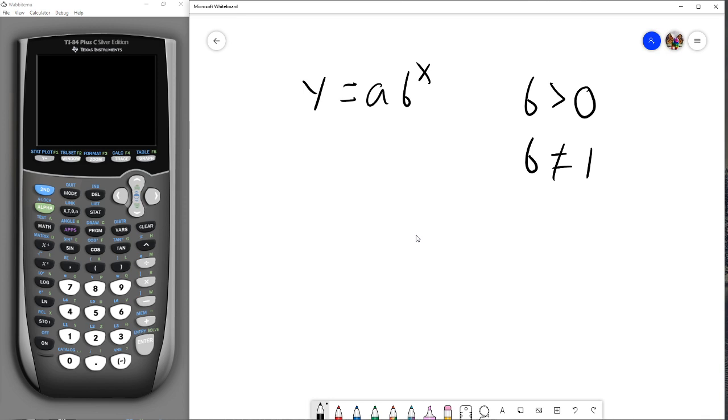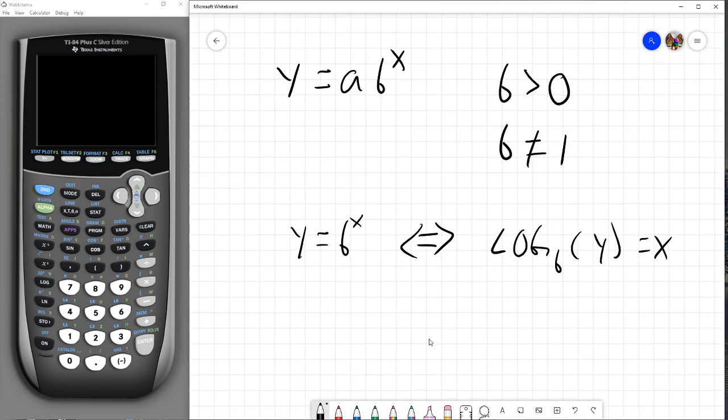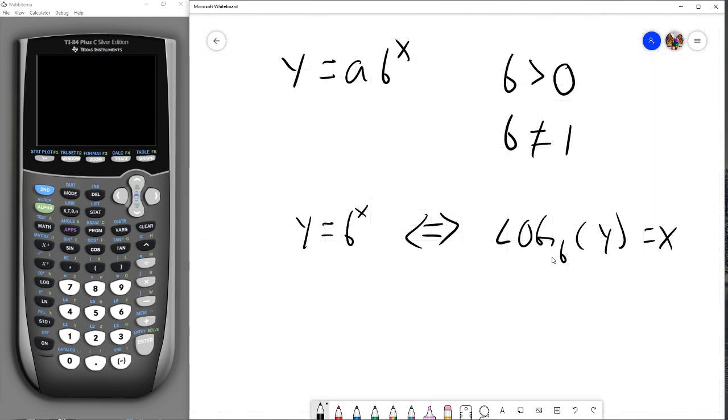So if y is equal to b to the x, then the inverse function is log base b of y equals x. These are interchangeable ways of rewriting the same quantities. It just depends if you want to think in terms of exponential or logarithm. And we still have the same stipulations that b has to be positive and not equal to 1.